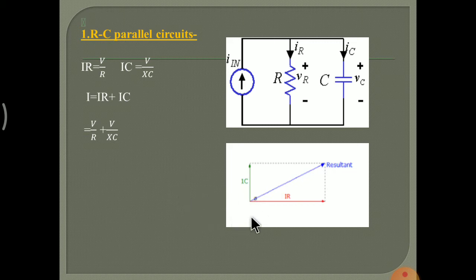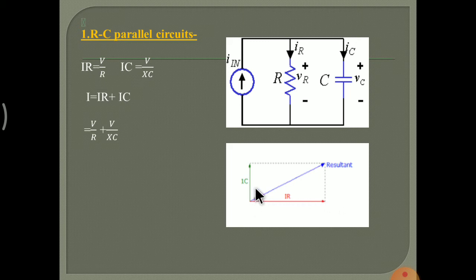In the RL circuit, this IL is lagging V, and in the RC circuit IC is leading V. In the RL circuit the inductor current is lagging V, and in the RC circuit the capacitor current is leading V. Again, for the RC parallel circuit phasor diagram, first draw the reference voltage line, then IR is in phase with V, so draw this line on the voltage line.